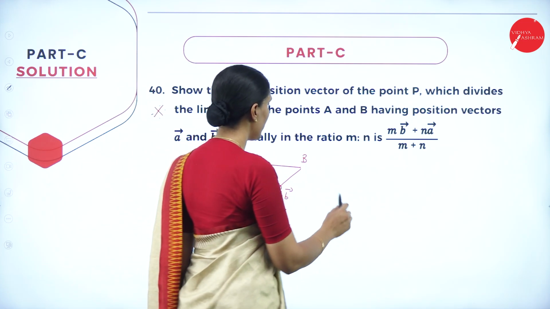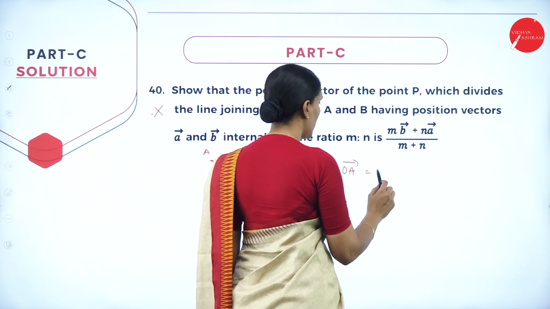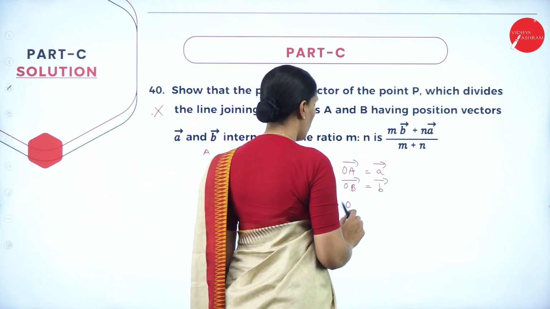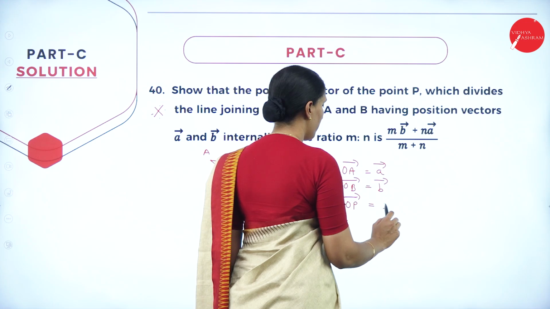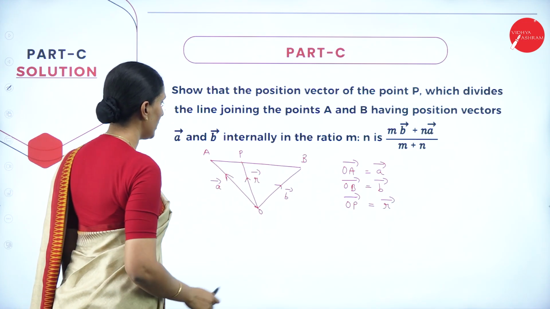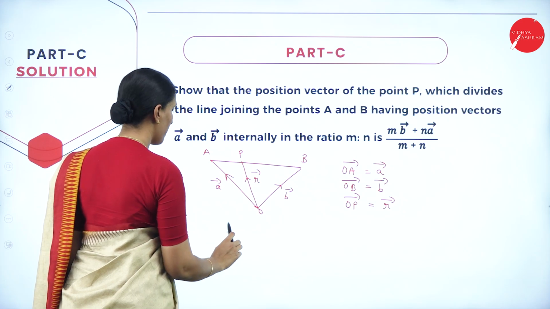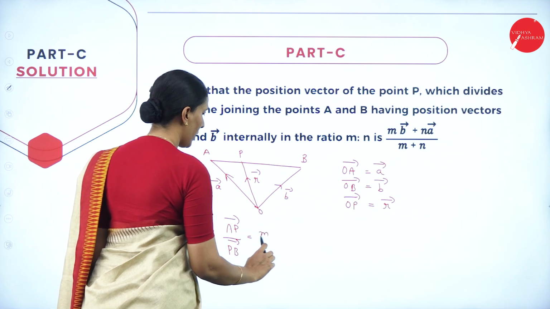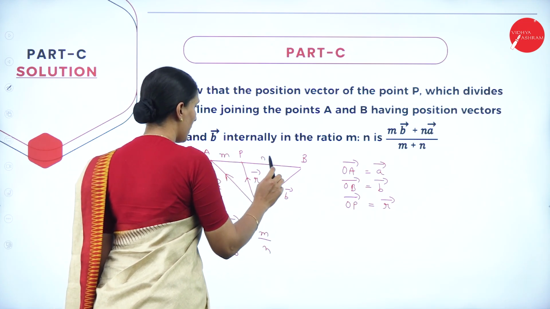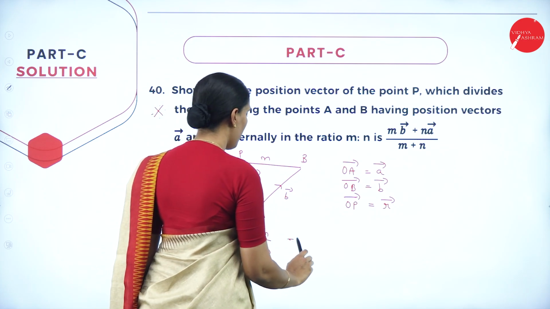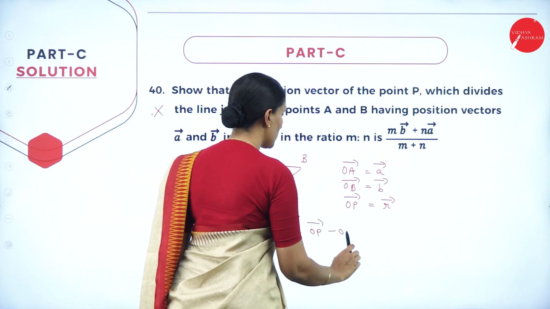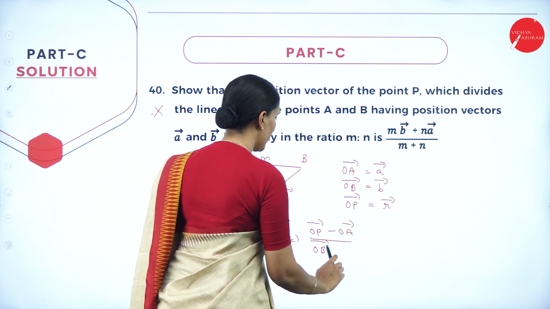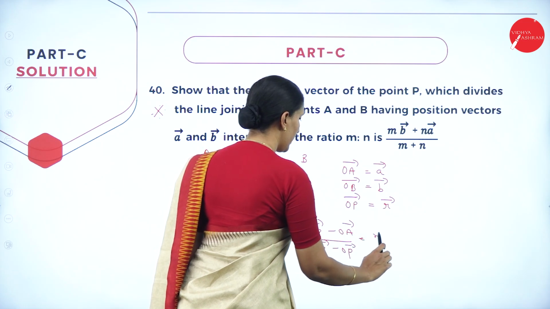So from this figure we can write vector OA is equal to A, vector OB is equal to B, and vector OP is equal to vector R. Since A, P, B are collinear, we can write AP divided by PB in the ratio m by n. So let's take the ratio mn here. So then AP can be written as OP minus OA, PB can be written as OB minus OP, that is equal to m by n.